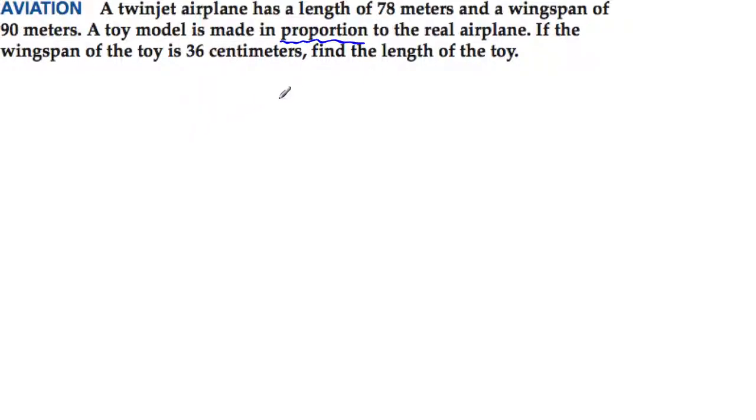So if we have length to width, the length of the real airplane is 78 meters. The wingspan is 90 meters. The wingspan of the toy is 36 centimeters. We want to find out how many centimeters the length of the toy is.